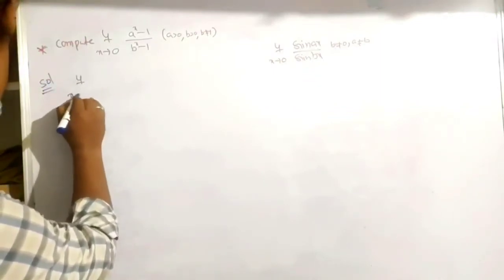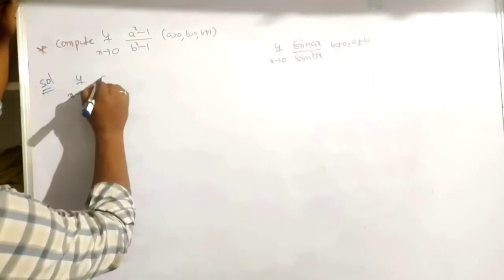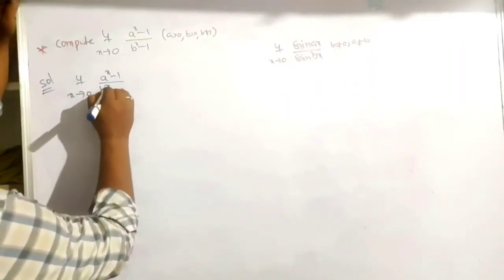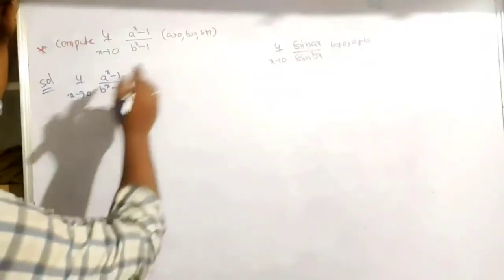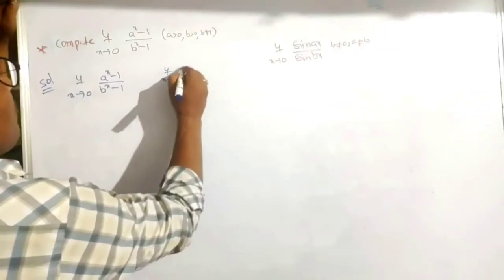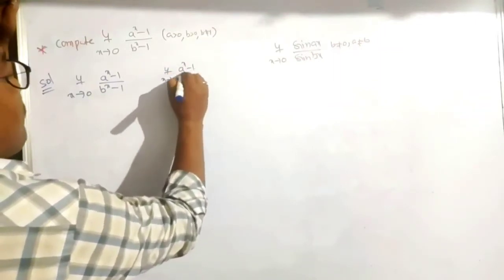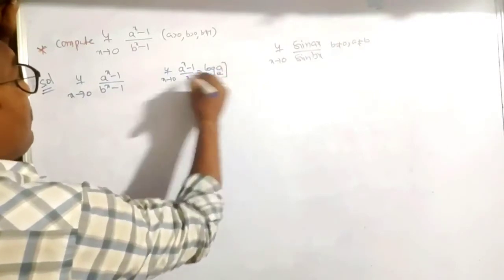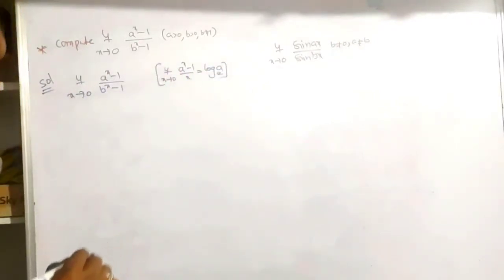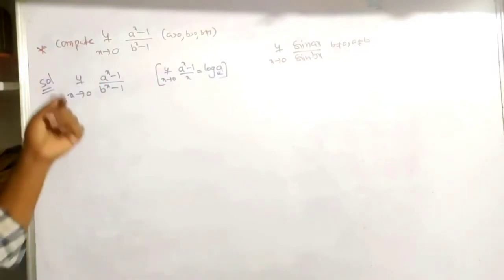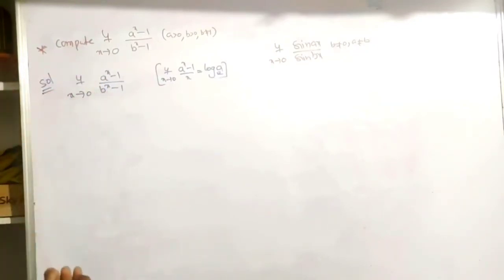If you observe here, you have the formula limit as x tends to 0 of (a^x minus 1) by x is equal to log a base e. Means we need a^x minus 1 by x and b^x minus 1 by x.